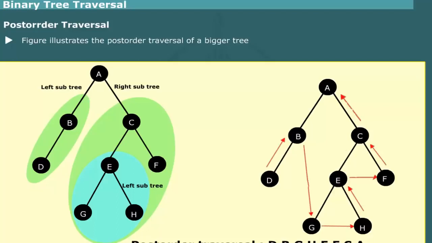It includes a subtree T3 consisting of nodes G, E and H. These nodes are visited in post-order G, H and E. Next, the remaining nodes of the right subtree are visited, which include F and C. Last of all, root node A is visited. Thus, post-order traversal yields the sequence D, B, G, H, E, F, C, A.